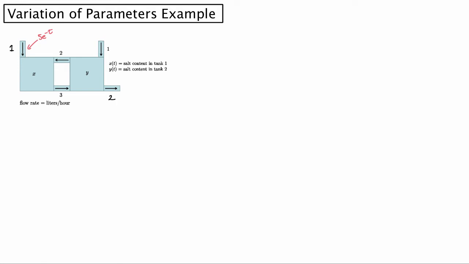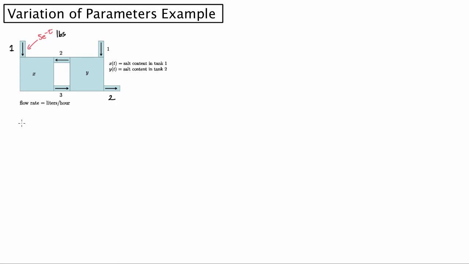It doesn't really matter what the units are here, but this is the concentration that's entering. Pounds is the most appropriate thing here, so we could be looking at pounds of salt.